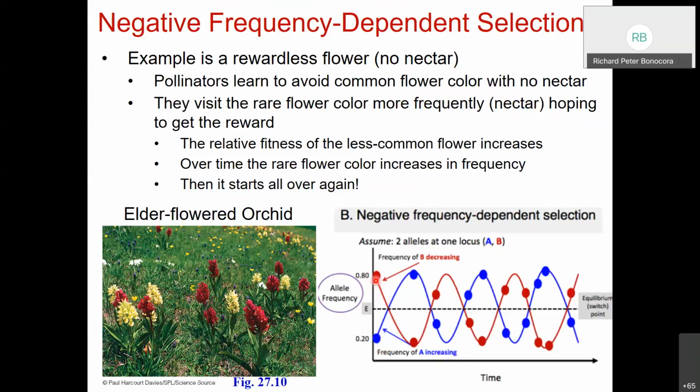What about these? They start pollinating these, and they increase, and they get to a point where, wait a minute, these have no nectar. Let's go take a look at the other ones. These come down, and the other ones go back up, and they just oscillate back and forth. And so this helps to keep both alleles governing color of this flower in the population, because when one becomes too common, it loses advantage. The pollinators are not going to look to it for nectar, so they're not going to pollinate that one as frequently.